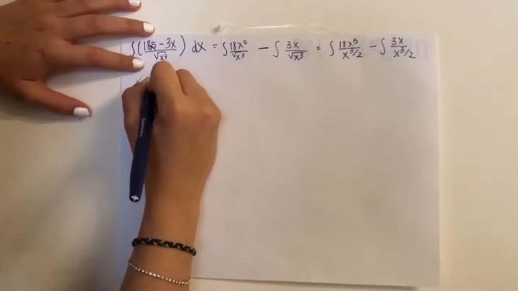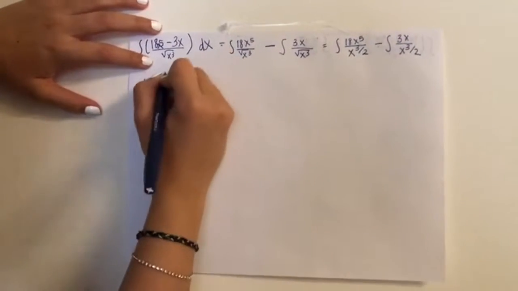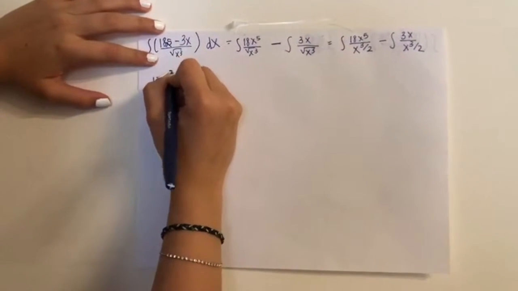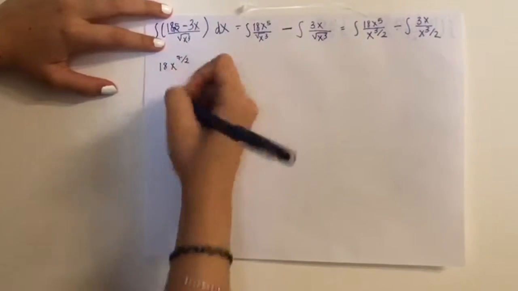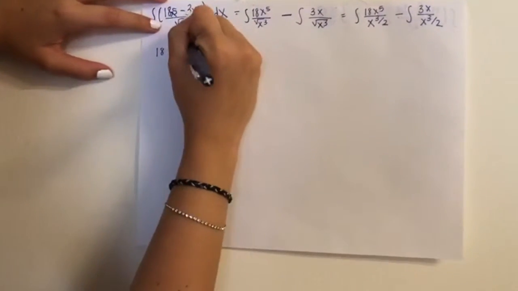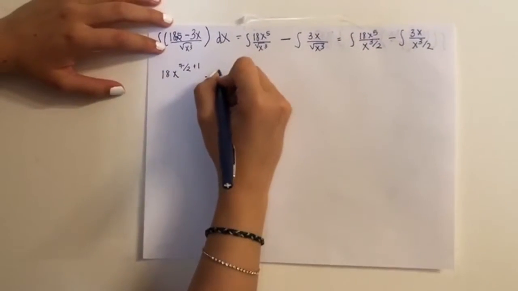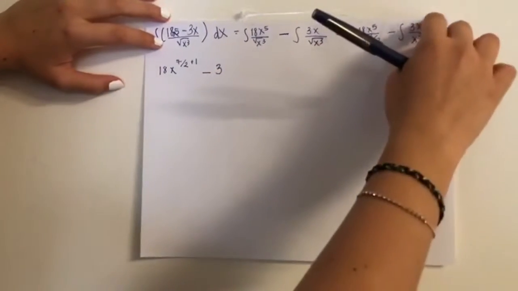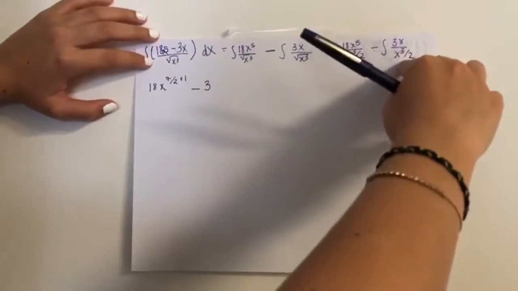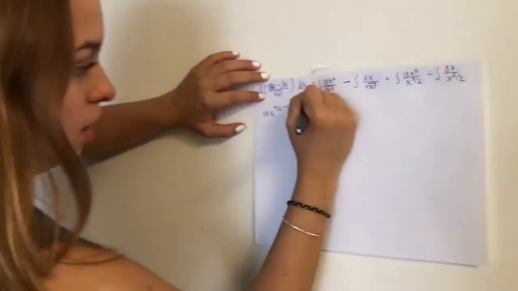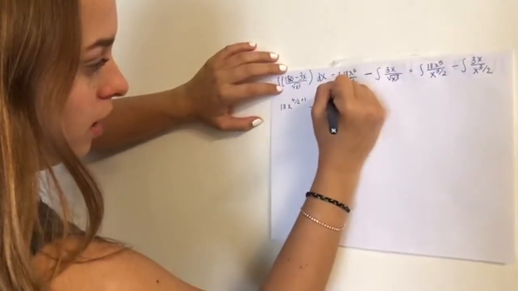And so, 5 minus 3 halves is 7 halves, and then to these 7 halves you're going to add 1, and then minus 3x, you're going to subtract 1 minus 3 halves, and it is minus 1 half.